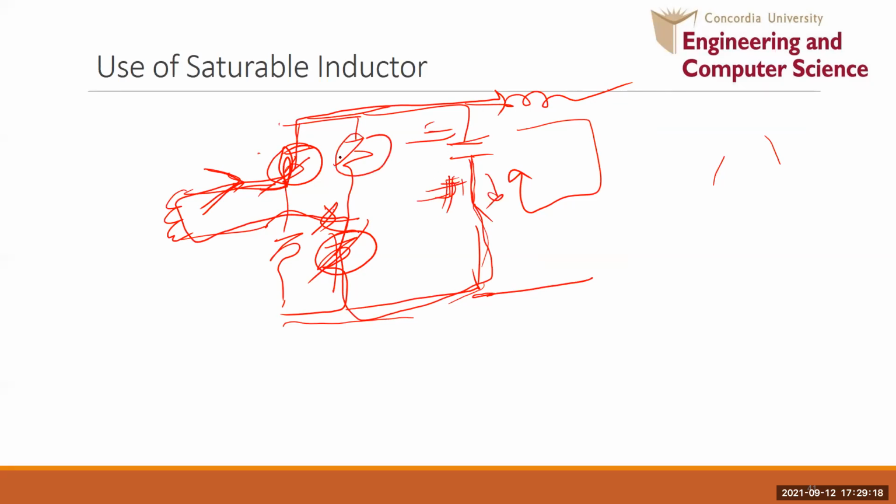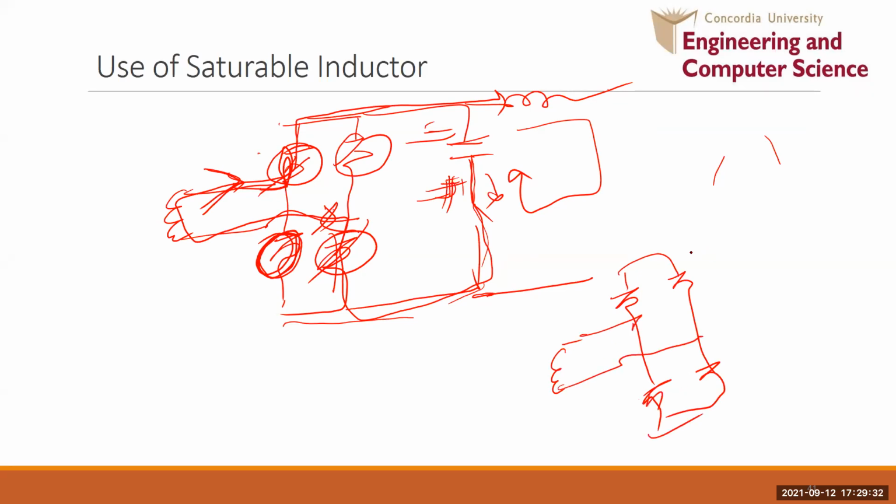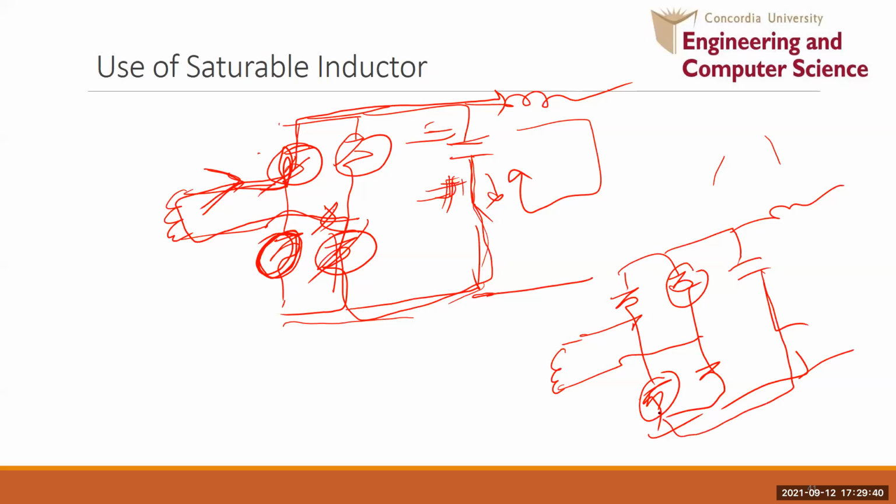Or during the negative cycle, when this diode is conducting, then it will basically pass through this.